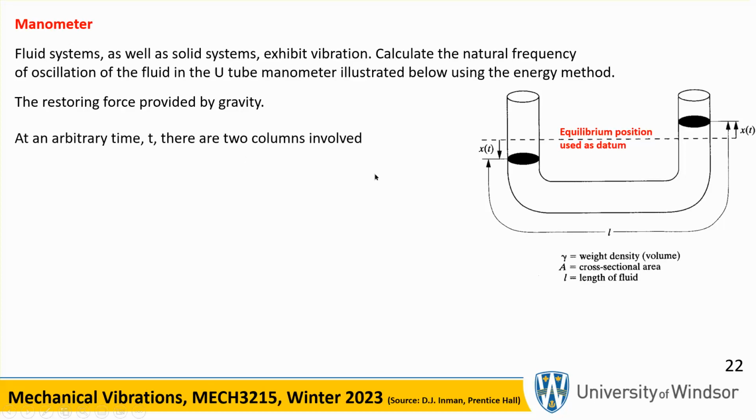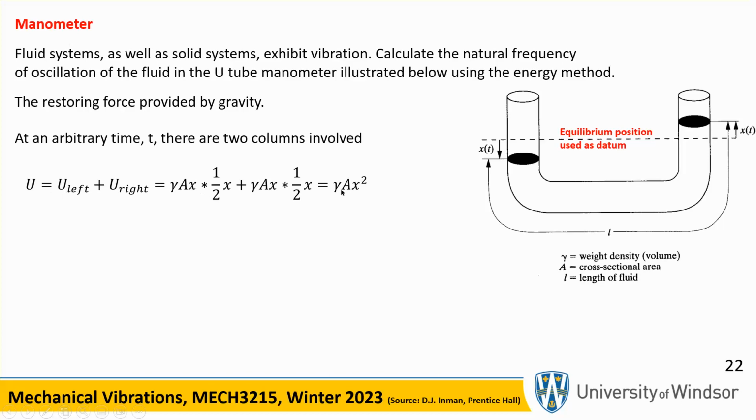If you look at an arbitrary time t, we have a potential energy change due to the fact that this loses energy, this gains energy because it's displaced from the equilibrium position. We take a weight and move it up. We take a weight and move it down. But the net potential energy for this is just these two added up.